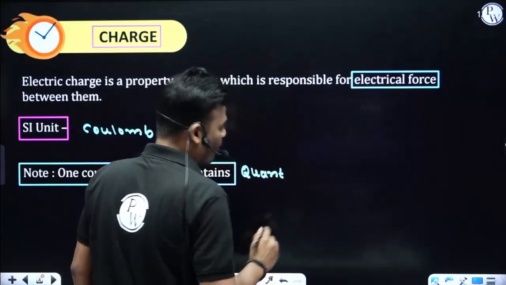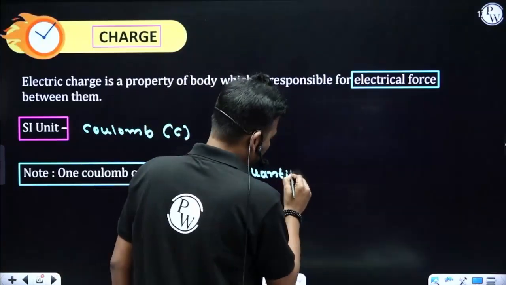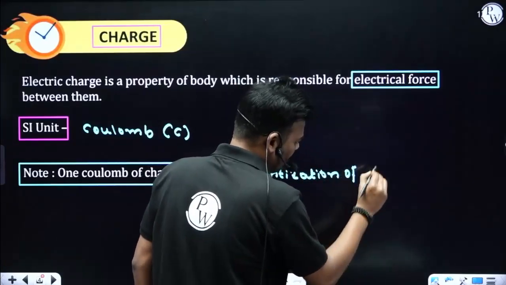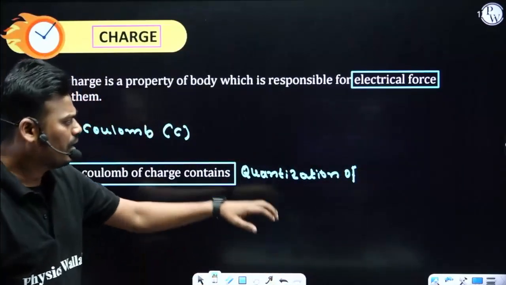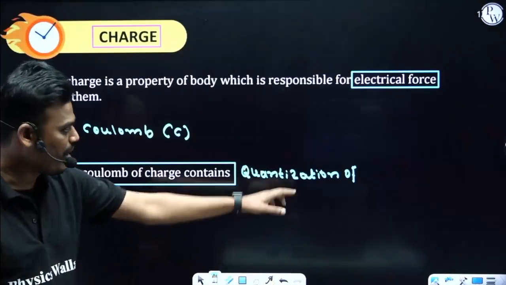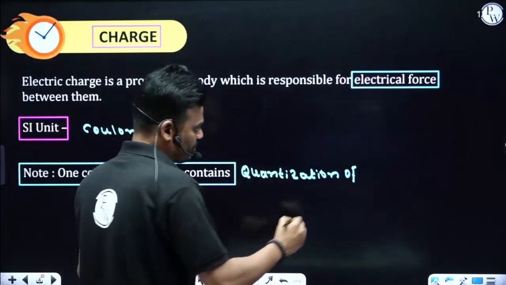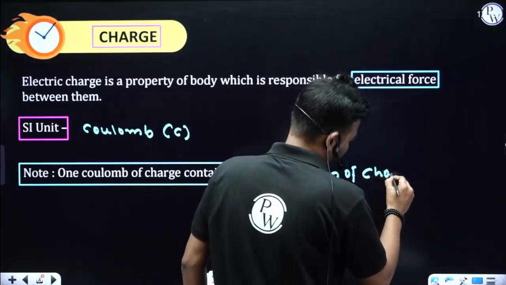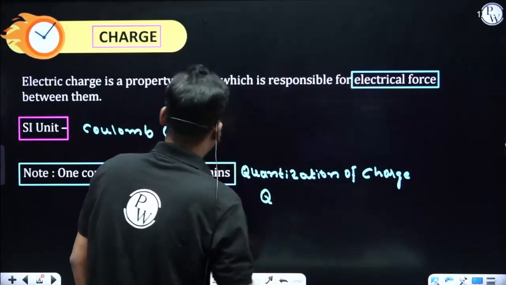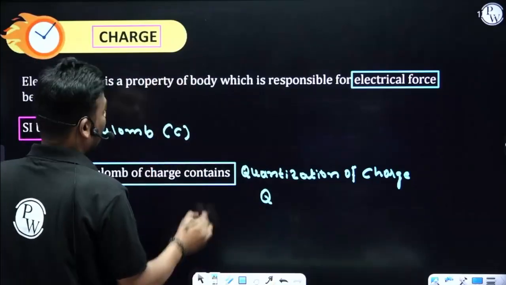Quantization means how many charges are present. This is one of the properties of a charge. It is not that important, but for your basic information I'm giving this concept, quantization of charge.